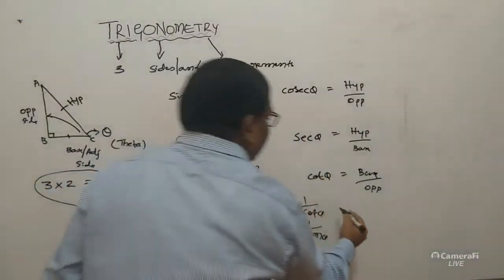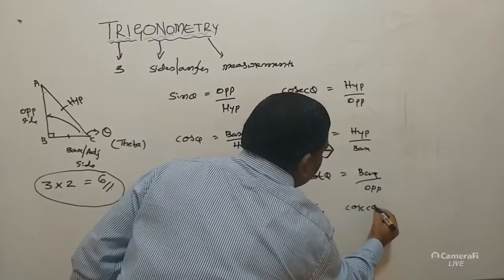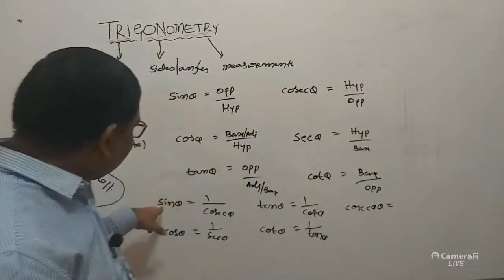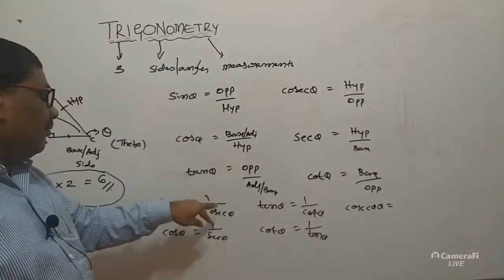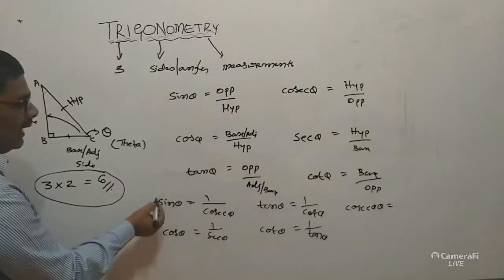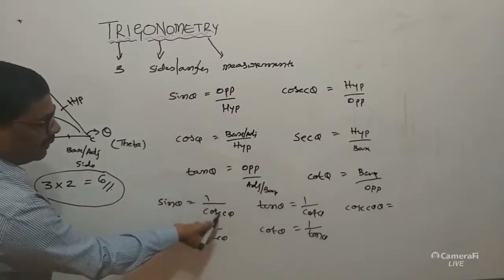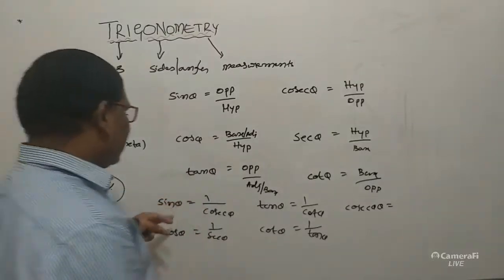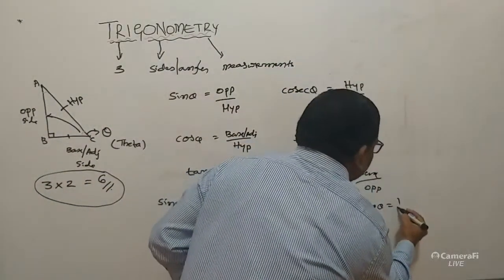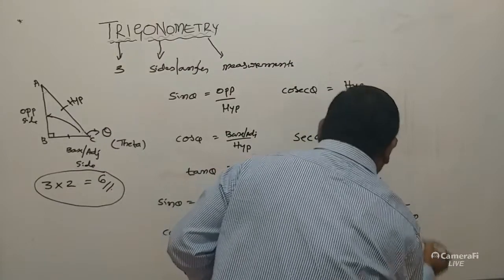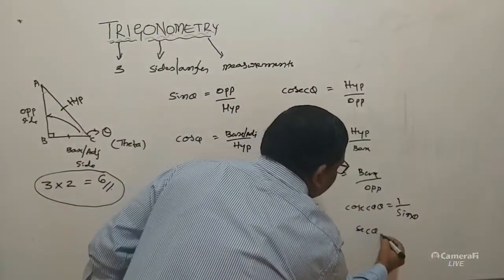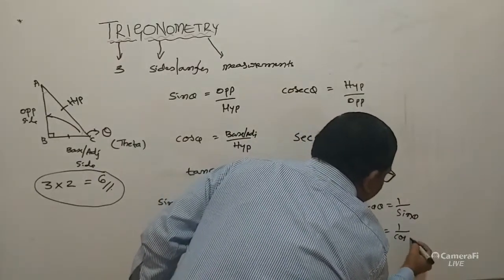Similarly, cosecant theta can be written as 1 by sin theta, where sin theta is 1 by cosecant. If we cross multiply, sin theta will come to the denominator on the other side, that is, cosecant theta can be written as 1 by sin theta, as well as secant theta can be written as 1 by cos theta.